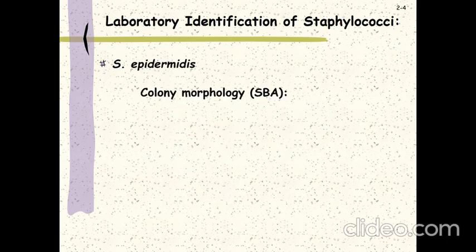Staphylococcus epidermidis, the colony morphology on an SBA would be a white dome shape. So again, a white dome shape for Staphylococcus epidermidis. And these ones, you can't call it a rule because it's not consistent, but oftentimes are lighter in color. So the epidermidis species can often be a pretty good white color, and they're almost always gamma hemolytic.